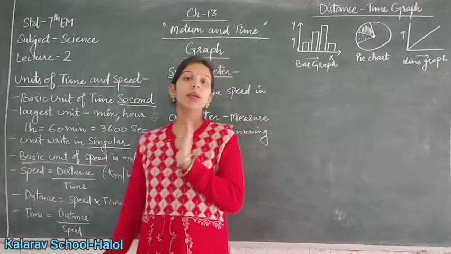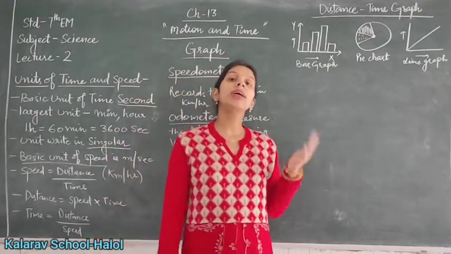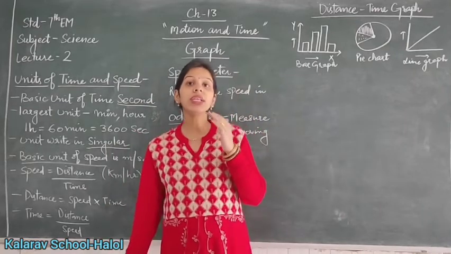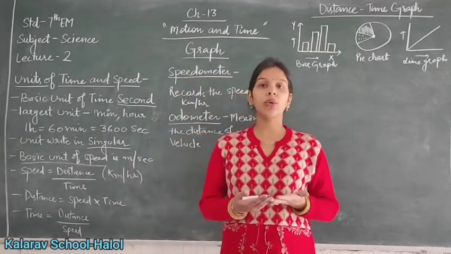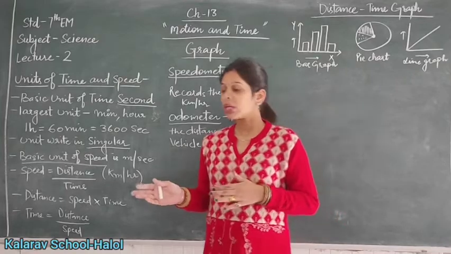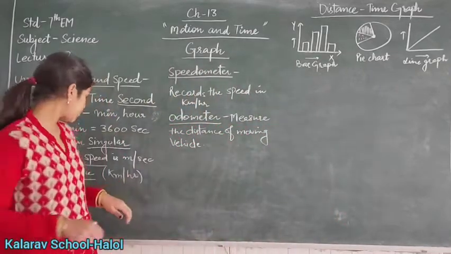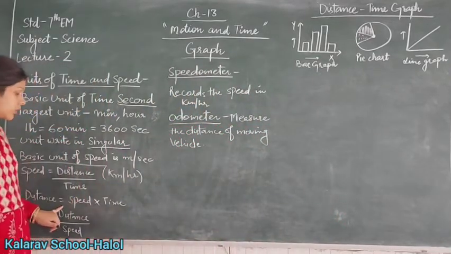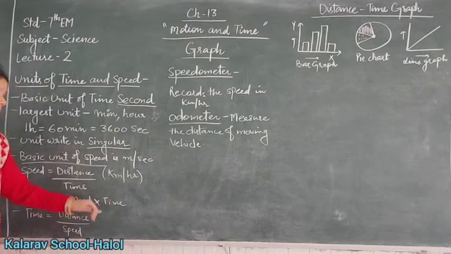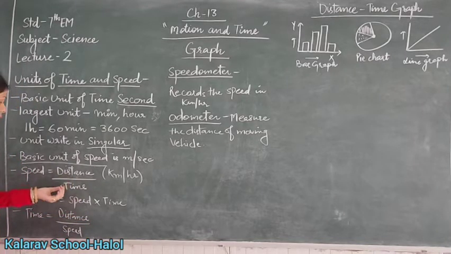So in this way, we can calculate the units of speed. Speed can be calculated by knowing distance and time. Distance and time can also be calculated by the same formula. So here you can see, distance equals speed multiplied by time. So what is the formula for distance? It is speed multiplied by time.